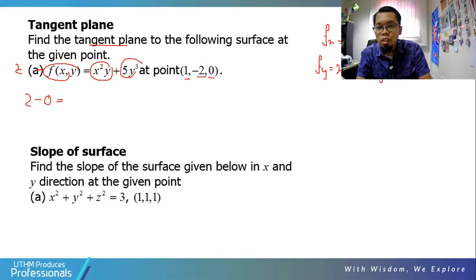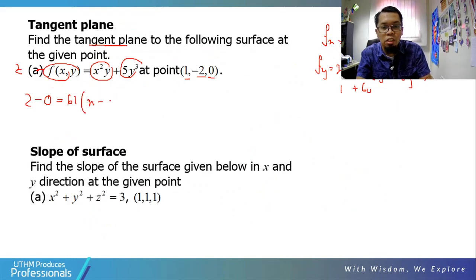So you substitute x equals 1, y equals -2. So you get fx equals -4. Then you get fy at (1, -2), so you get the answer 1 plus 3y squared, which is 13. And then you substitute here, x minus x naught.